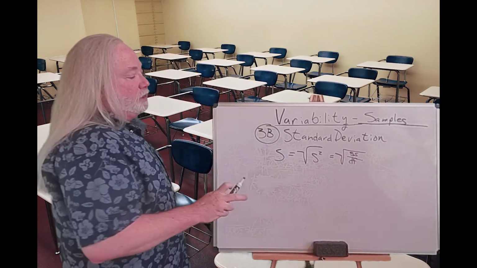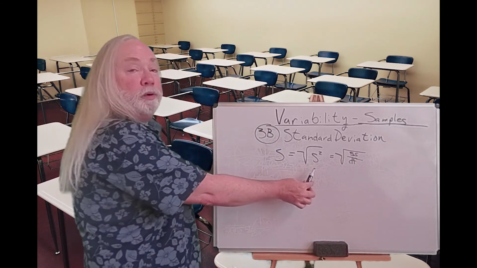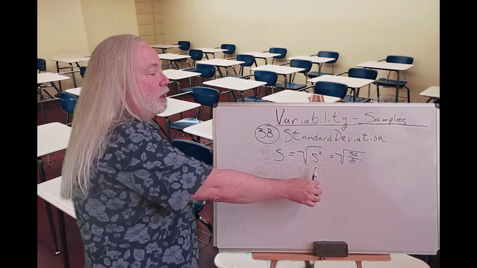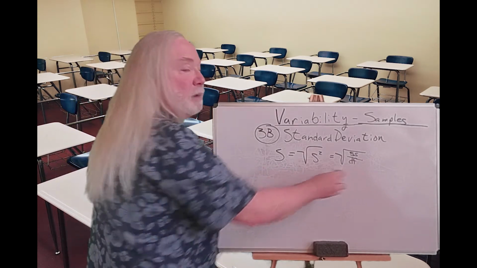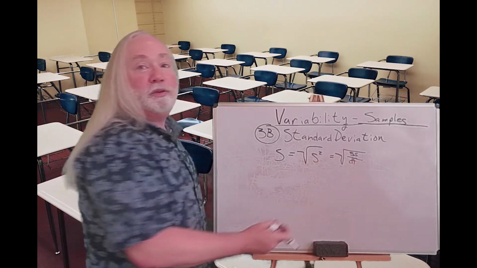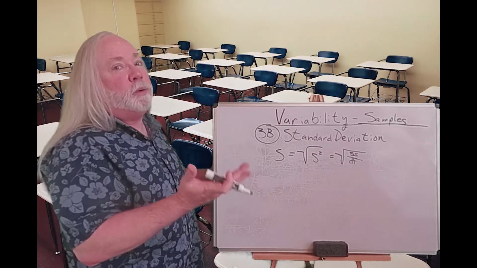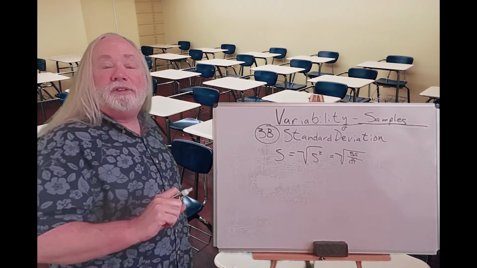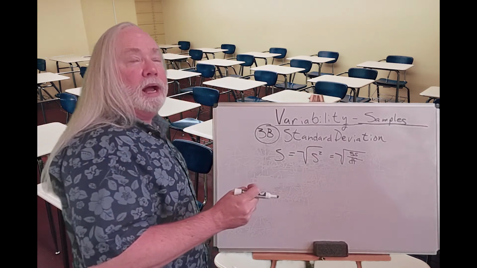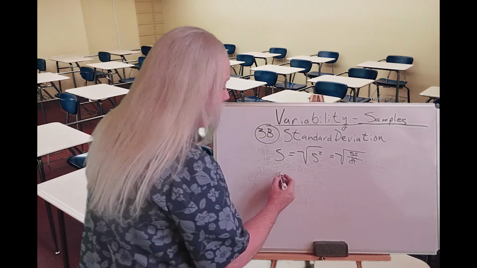Several different ways we could have written this one, but standard deviation is the square root of variance. So again, here I wrote it with a symbol, here I wrote it with a formula. Earlier I wrote it with little n minus 1, but that is what degrees of freedom is, little n minus 1. So there's lots of different ways of writing it. Either way, what we had was a standard deviation of a variance of 2.5.